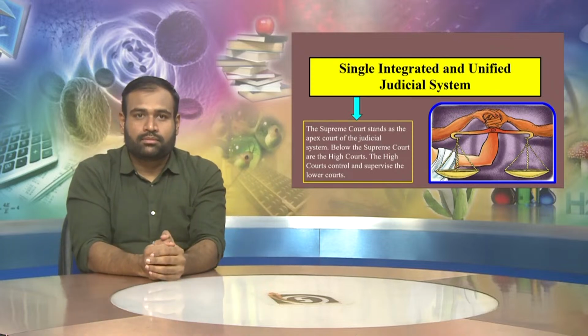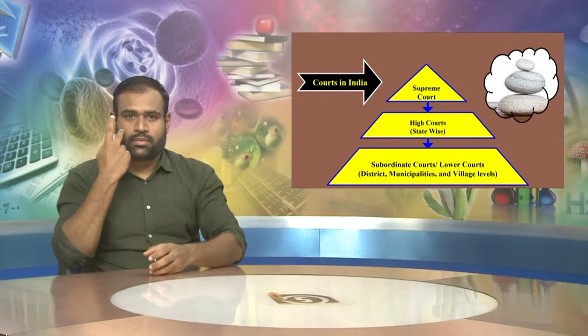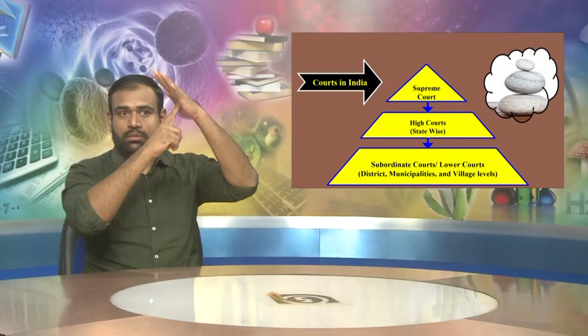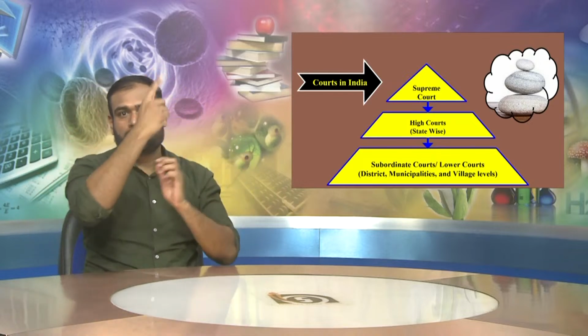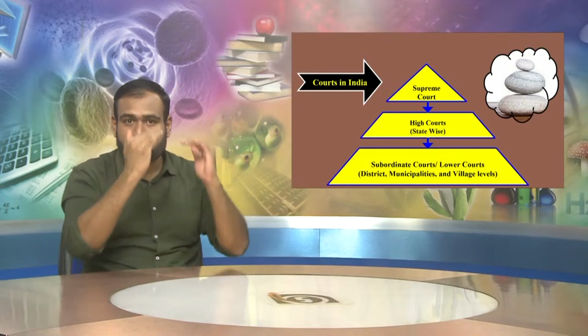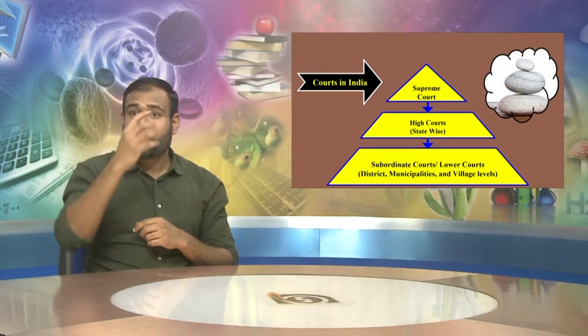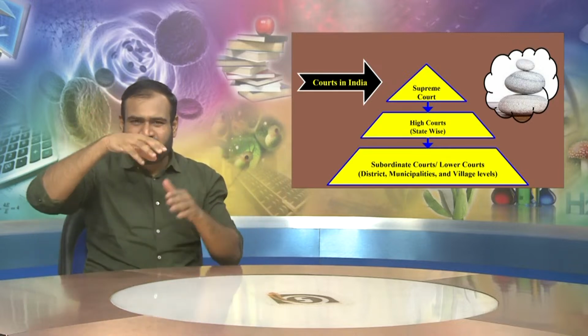The high courts control and supersede the lower courts. For example, you can see in the slide, courts in India: Supreme Court, after that high courts, state-wise, and then subordinate courts, lower courts, for example, district, municipal, petty courts and village level.